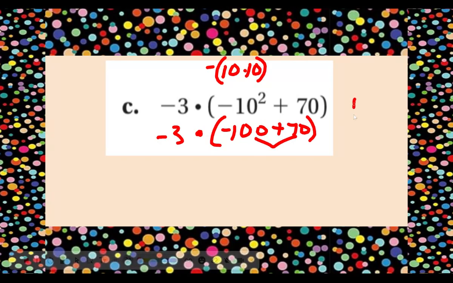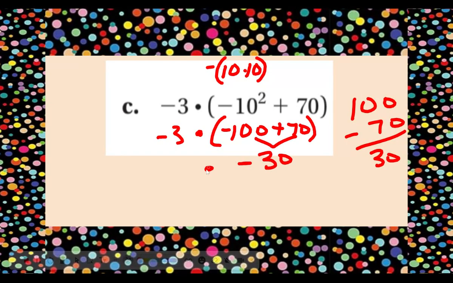Signs are different. Find the difference. So 100 minus 70 is 30. And because there's more negatives, it's negative 30. So negative 3 times negative 30. Negative times a negative is a positive. And 30 times 3 is 90.